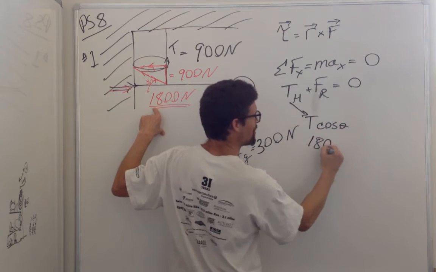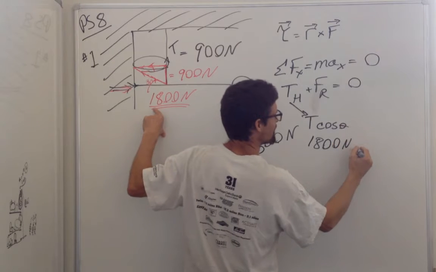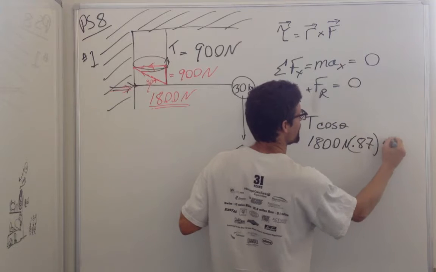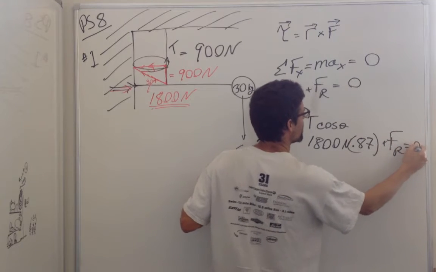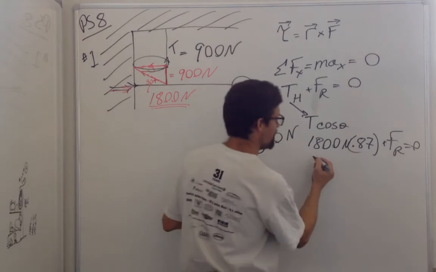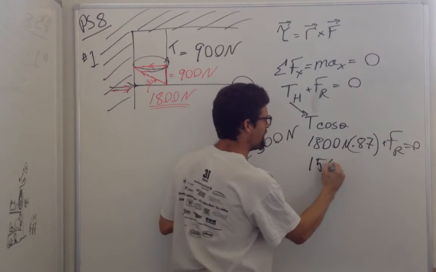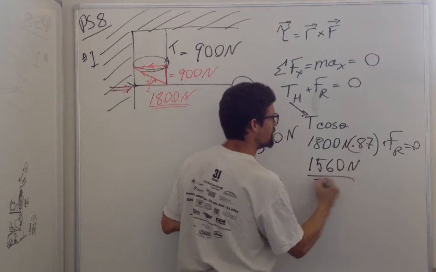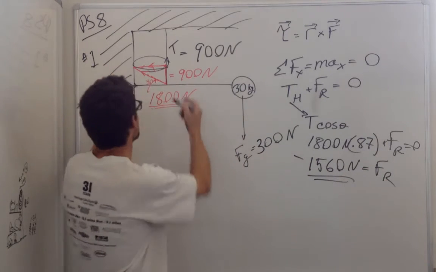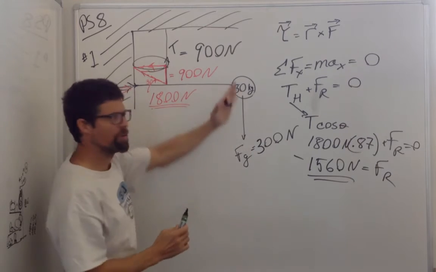That is 1800 newtons times the cosine of 30 degrees, which is 0.87, plus the reactive force must equal 0. And that's about 1560 newtons. Okay, the negative sign, right, because if this is pulling inward, this is pushing outward.